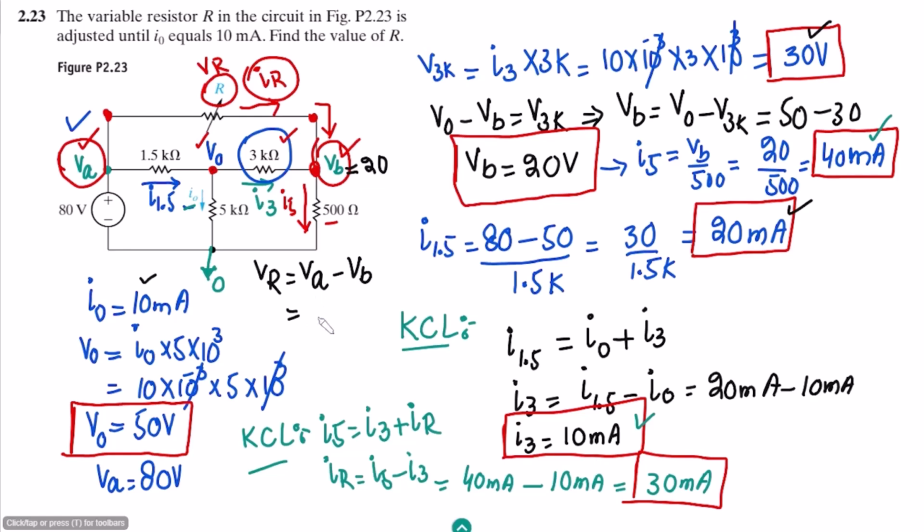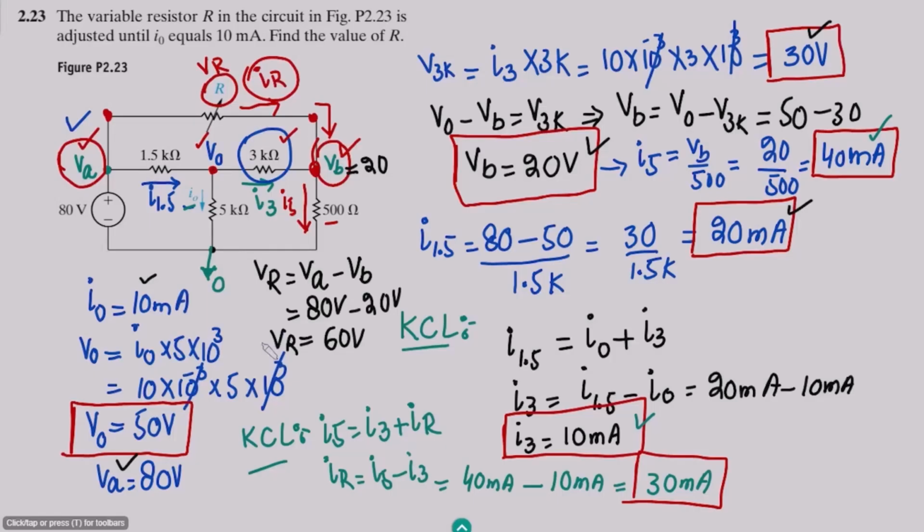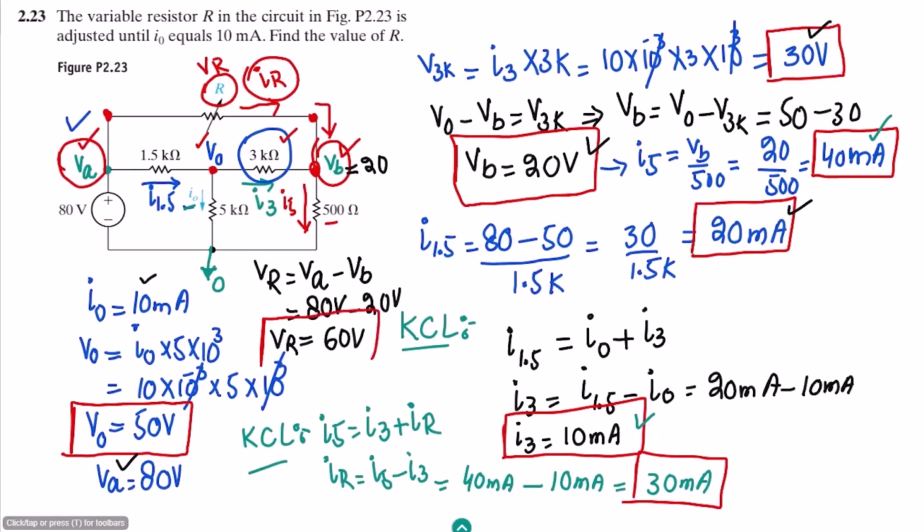So VA is 80 volts, which we have found in the very start, and the value of VB, let me see where is VB. It is 20 volts. So the value of the voltage across this resistor is 60 volts. Now we have this VR, we have this IR, both of them are known.